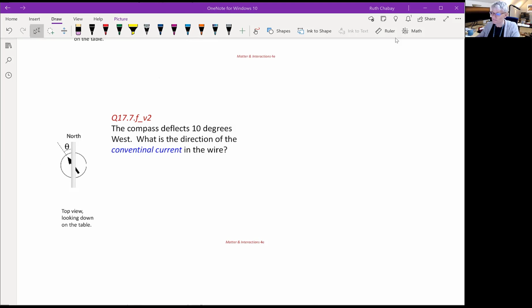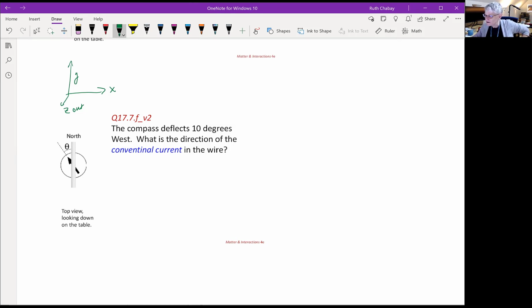Now remember, our coordinate system is y, x, z out. So think about this as meaning, what's the direction of motion of these imaginary positive charges that are making this magnetic field?